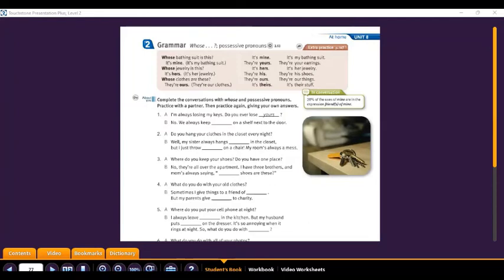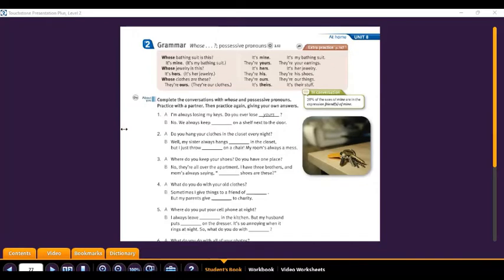Muchas veces no lo utilizamos, pero whom prácticamente es a quién o con quién. No es lo mismo que digamos quién, sino a quién recae la acción.